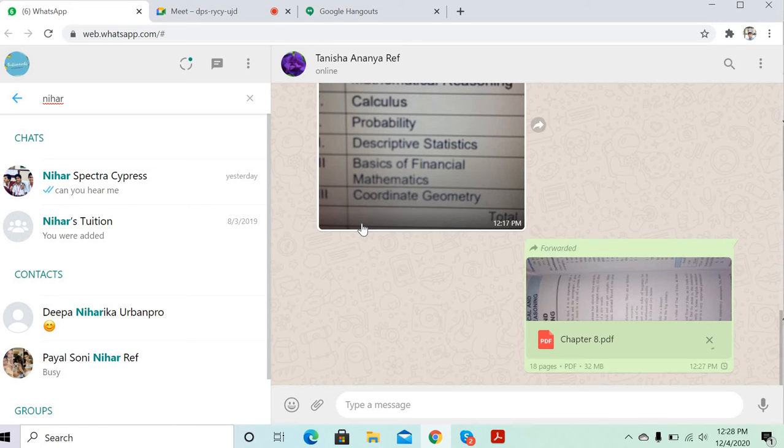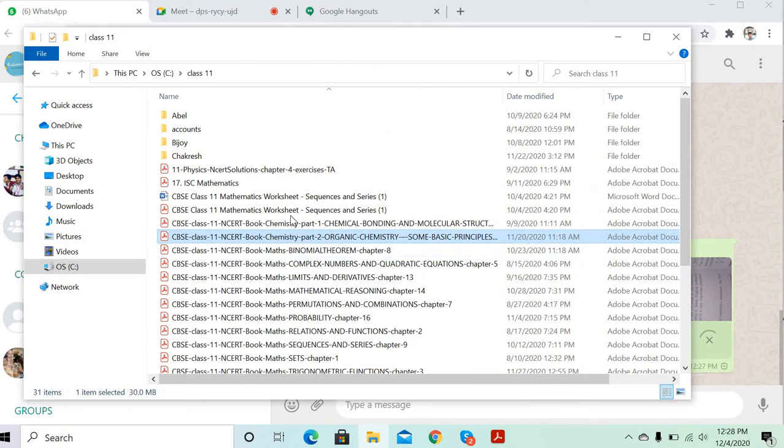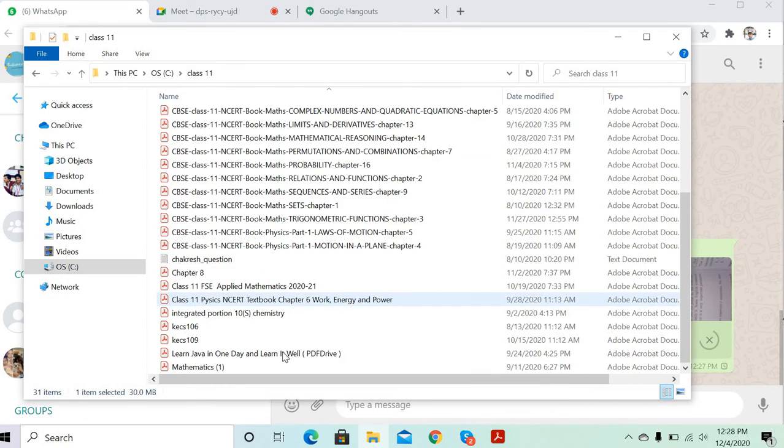Not there, no? Oh, okay. I think it was there in a different place. So no problem. I'll just send you here on, let's say, chapter 8. NCERT Applied Math chapter 8.